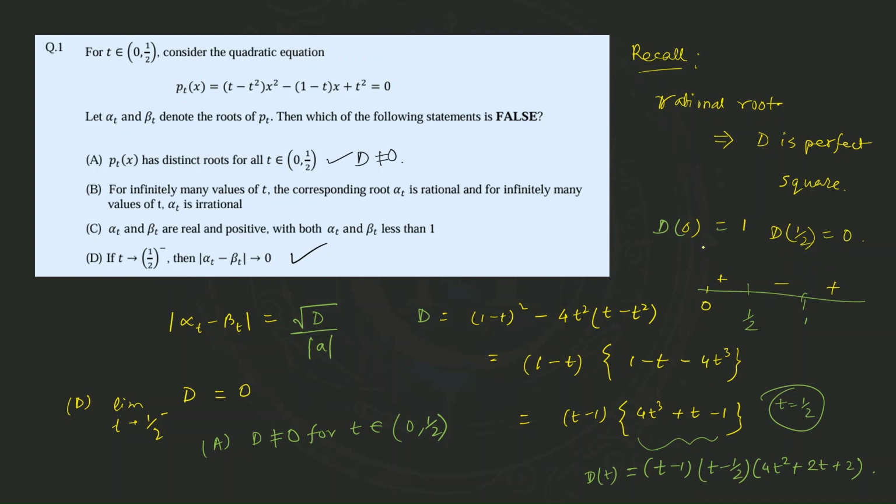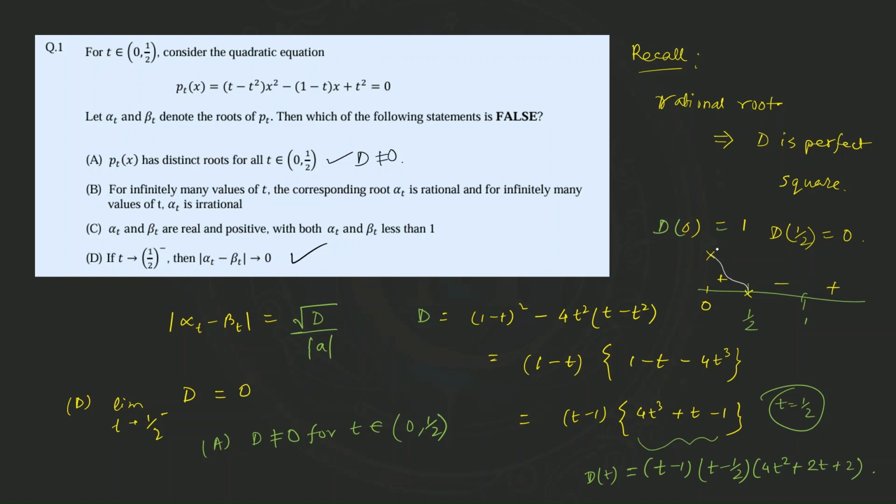As from 0 to half this d is positive, that means at t equal to 0 it is 1, and at t equal to half it is 0. That means we can say clearly it should cross each and every point in between 0 and 1, right? Because d of t is a polynomial in t, and we know polynomials are always continuous functions.